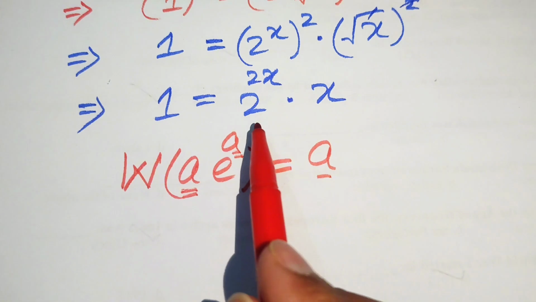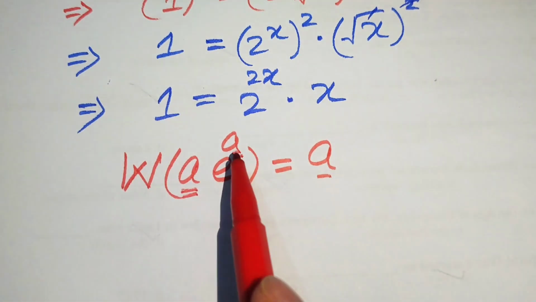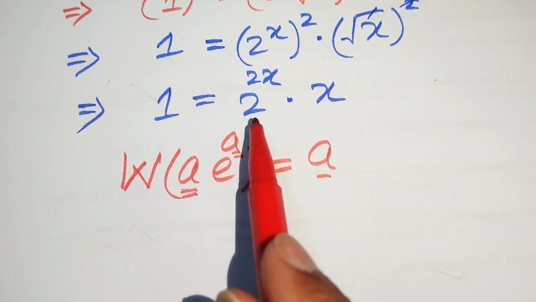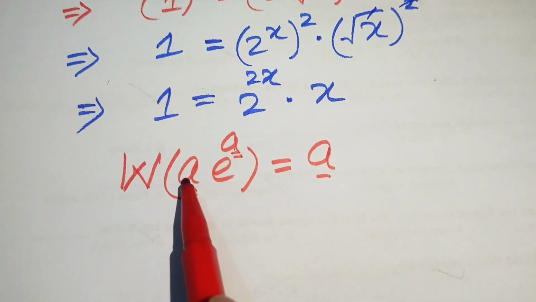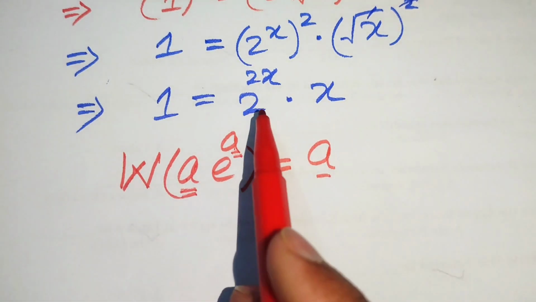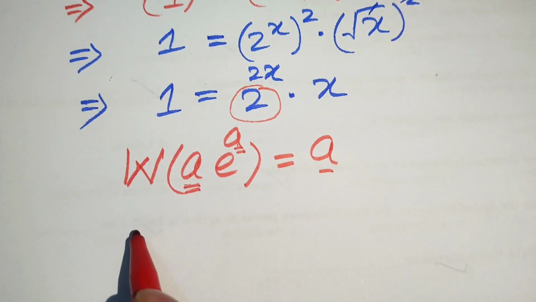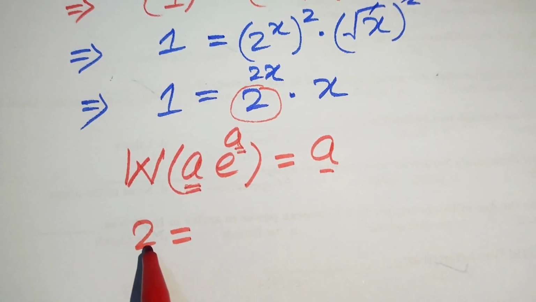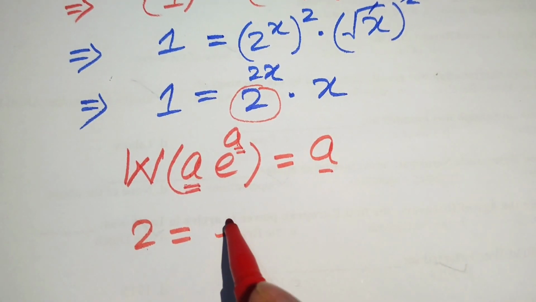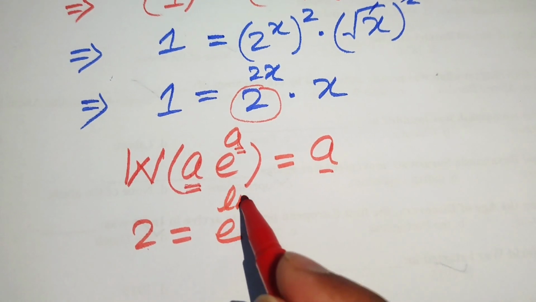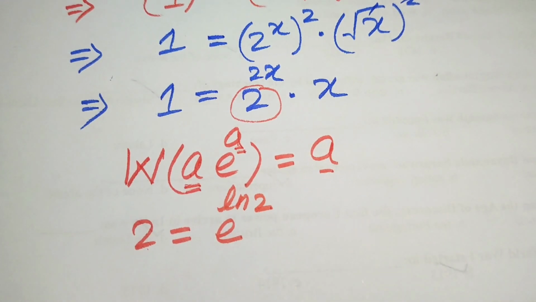So first we need to make the exponential function with base e, with its exponent multiplied by the other factor. First we focus on this 2, and if we take log and anti-log at the same time on this 2, it will be written as e to the power of log 2.